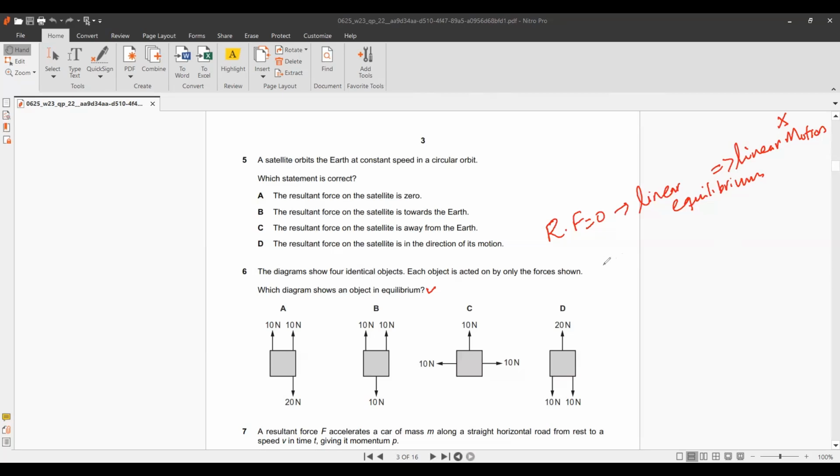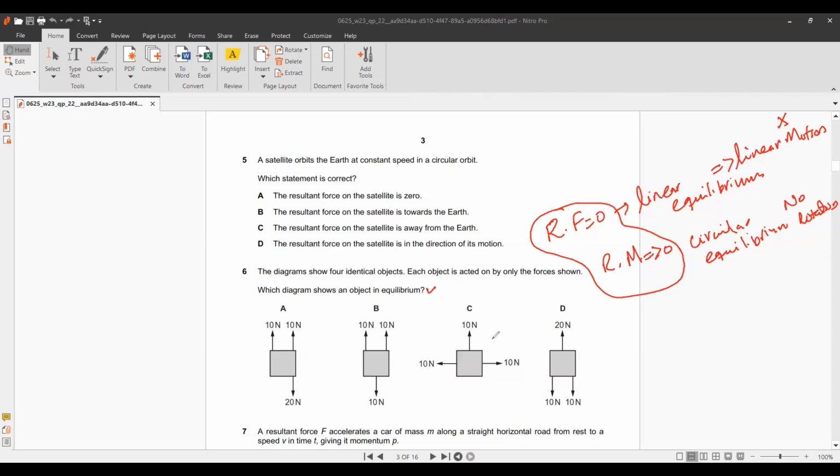Okay. And what is the second condition of equilibrium? The resultant moment is equal to zero, which we can also call rotational equilibrium, which means there would be no rotation. So for an object to be in equilibrium, the resultant force and resultant moment should both be equal to zero.